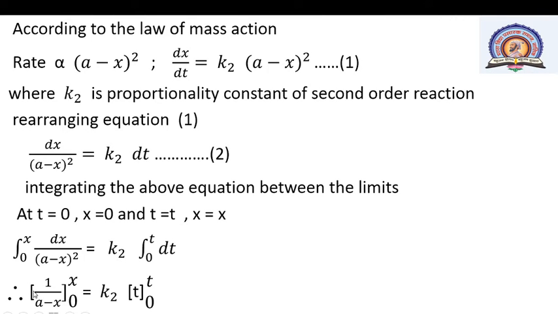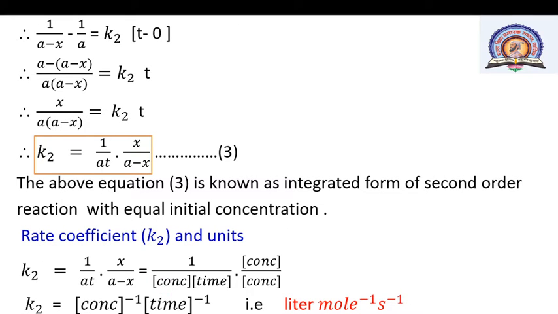Simplifying, we get 1 upon (a minus x) from 0 to x equals k2 into t from 0 to t. Therefore, 1 upon (a minus x) minus 1 upon a equals k2 into t minus 0.